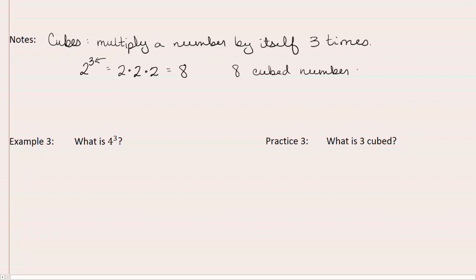Now let's try example number 3. 4 cubed. So 4 times 4 times 4. 4 times 4 is 16. 16 times 4 is 64. So 64 is a perfect cubed number. Now I'd like you to pause the video and try practice 3 on your own.